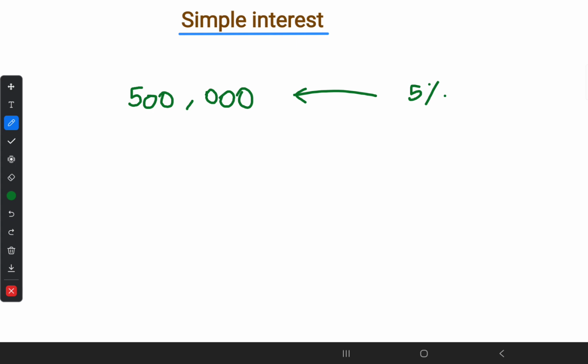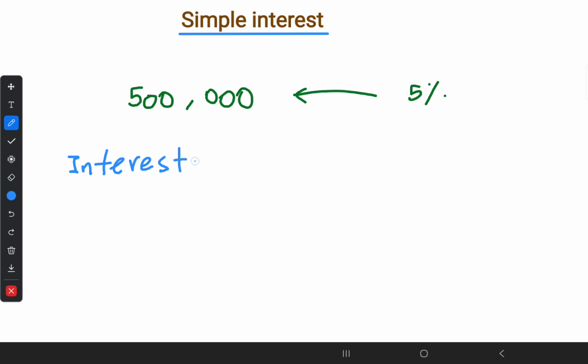So annually, if I get a 5 lakh loan from a bank, they are charging 5% of annual interest. What is the amount I need to pay back as interest? That's what you need to find first. It is really simple.